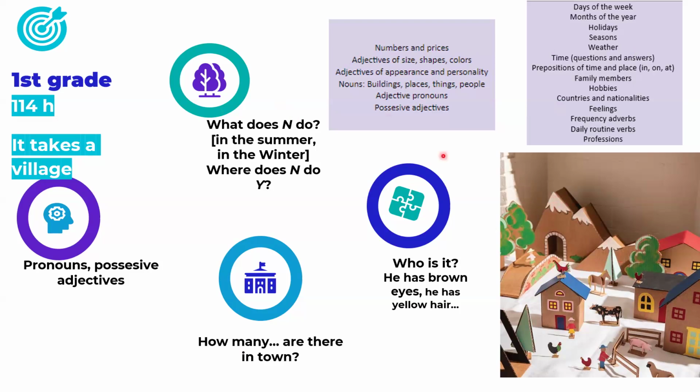And then have people find things once they have some of these vocabulary items, like who has, or where is, a person with green hair, because I'm imagining green hair and brown eyes and whatnot.